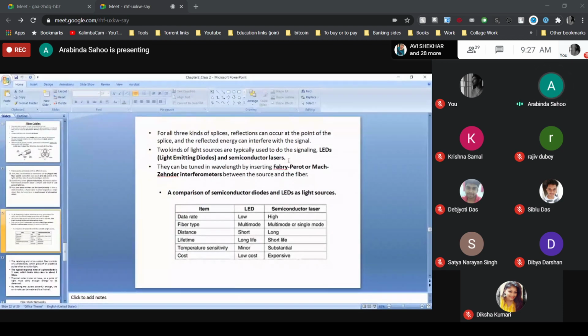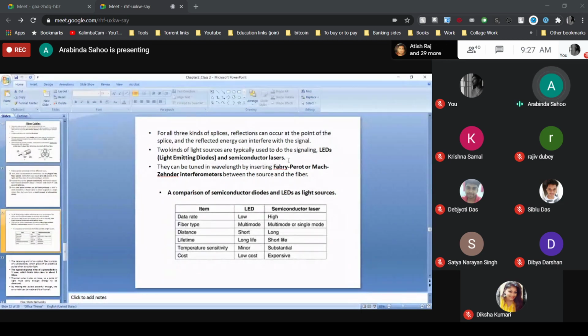So to interconnect both networks having different light sources, you first have to tune, that is, convert the wavelength to a common wavelength. Then only can you interconnect both the networks. And in which case is this tuning required?